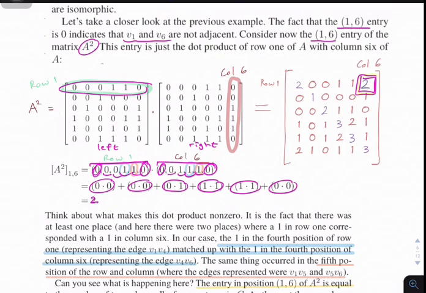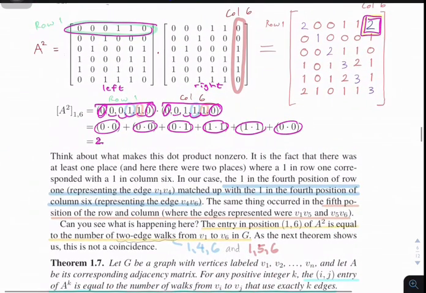Now let's think about what makes this dot product non-zero. If we look at row number 1, we have this value 1 in the 4th position, and this represents the edge 1 to 4, and we are matching it up with the value 1 in the 4th position of column 6, which is over here.